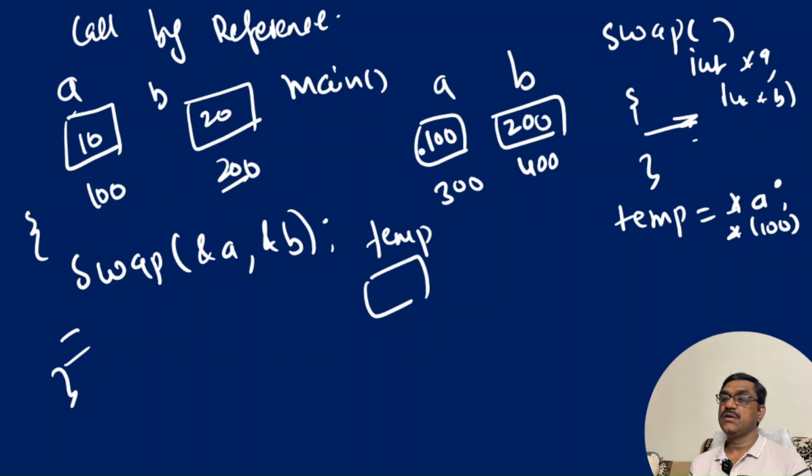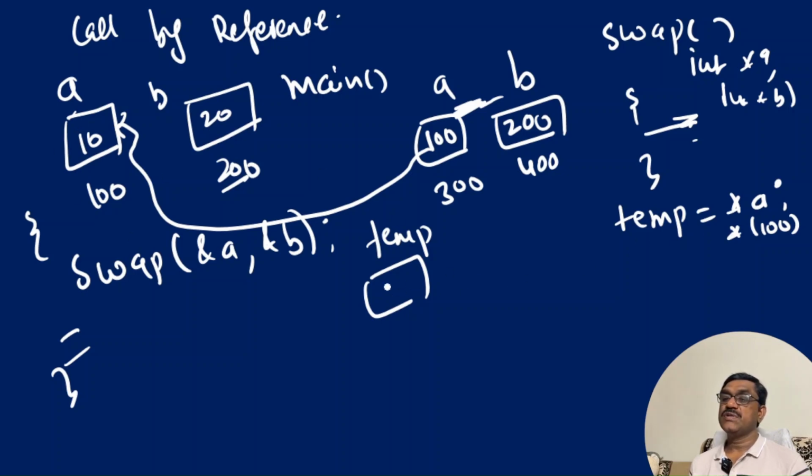What is the value at 100? Star A indicates this value. When we use the concept of pointers, A and B indirectly point to the A and B of the main. Whenever you say star A, by using the pointer concept, we are indirectly pointing to this A.